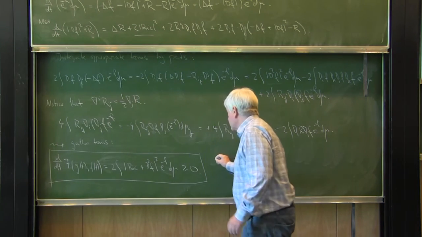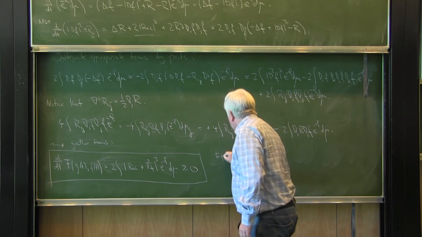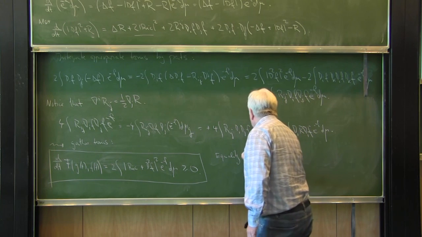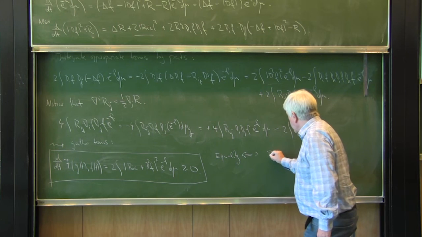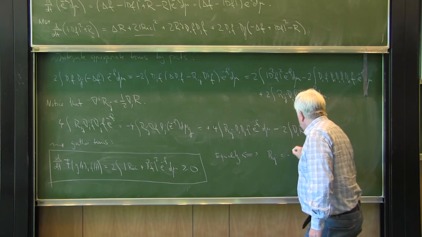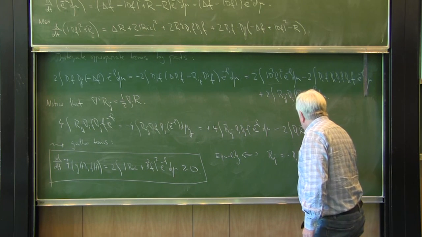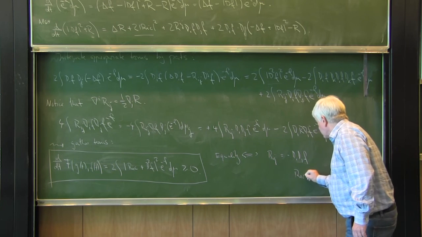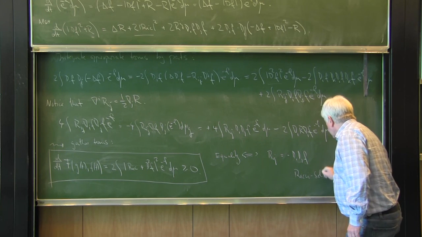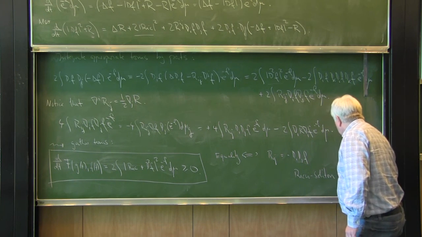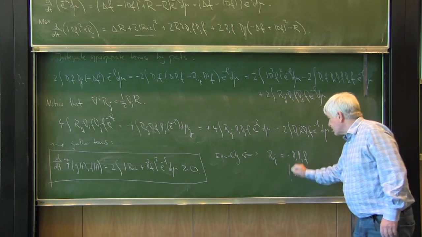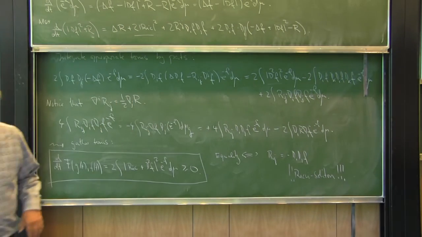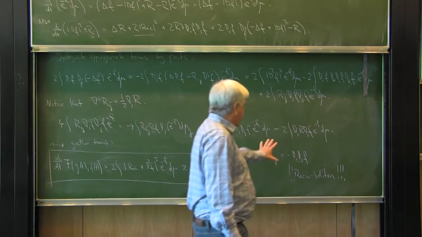And you notice that equality is exactly the case where R_ij is equal to minus the Hessian of f. And this was a Ricci soliton. This was a translating Ricci soliton which just moves in the direction of the gradient of f.